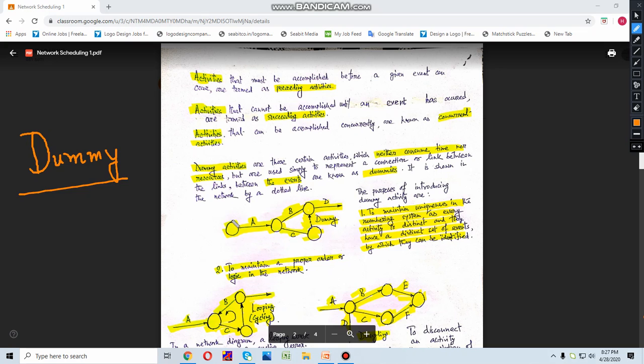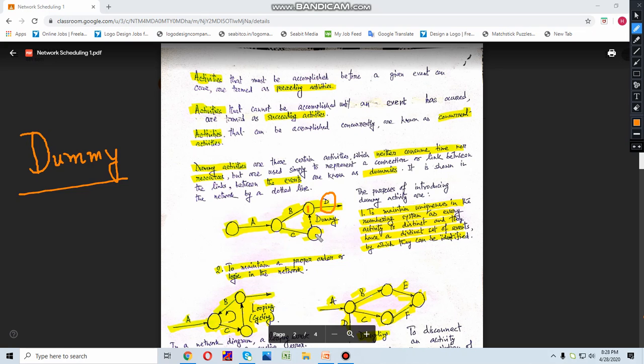Like here you can see, suppose there is a condition given to you. This D activity can only proceed if B and C have been merged to this, let us say, event number 1.